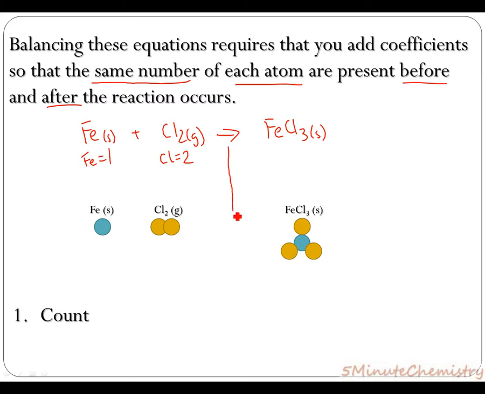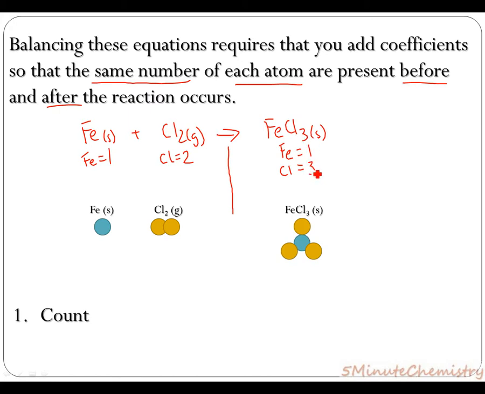I like to go ahead and draw on a vertical line just to help me separate the counting on the left from the counting on the right, because we're going to compare the left, the reactant side, to the right, our product side. Now in FeCl3, I'm going to write symbols for both iron and chlorine below that, just to keep straight my count for this specific compound. So the Fe is 1, and the Cl, you see a subscript of 3, so there are 3.